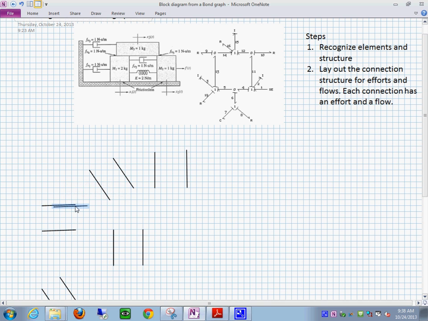So why don't we do that? I'll just go like this, and then we'll have to do one for this right here, for the R element.